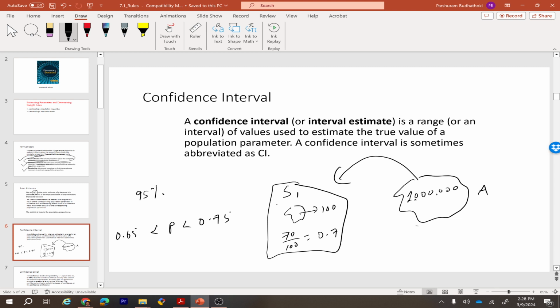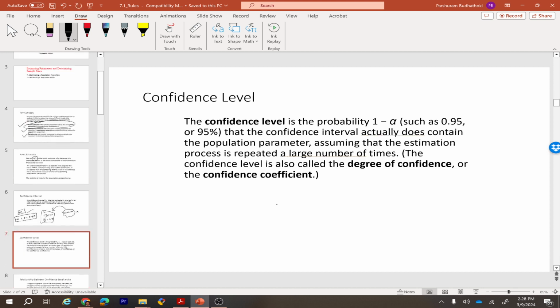So this decimal form is the percentage, okay? So I'm 95% confident that the actual proportion from this city lies between 0.65 and 0.75. I calculate this interval based on this confidence level, and that is called a confidence interval.